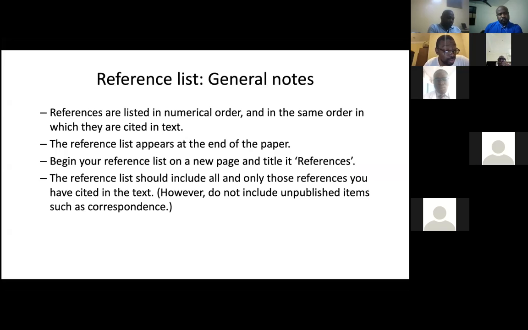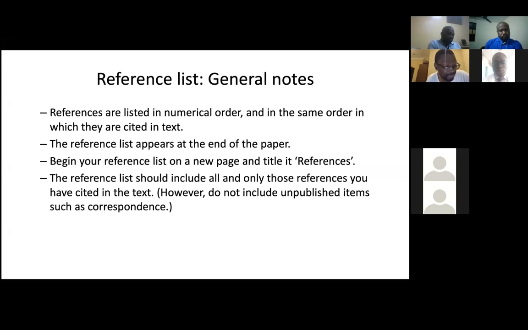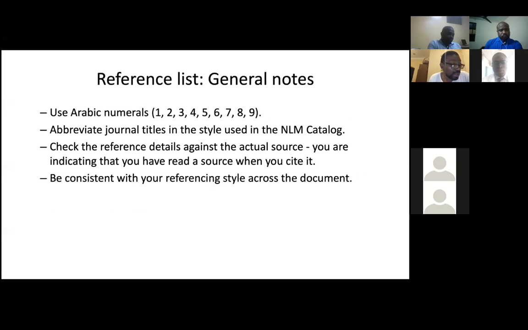And it should include all and only what is cited in the text. However, if you cited unpublished items such as correspondence, you won't include them in your reference list. You use Arabic numerals, and if you are going to abbreviate the journal titles, they should be abbreviated in the style used in the National Library of Medicine catalog. And then you want to check the reference details against the actual source.